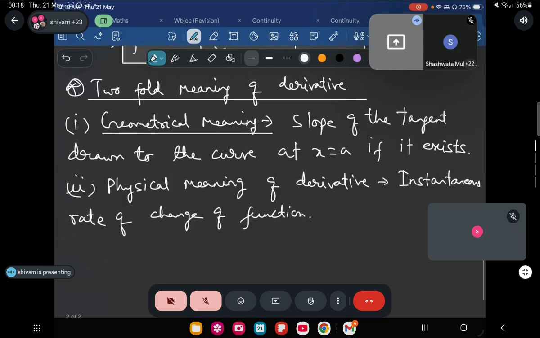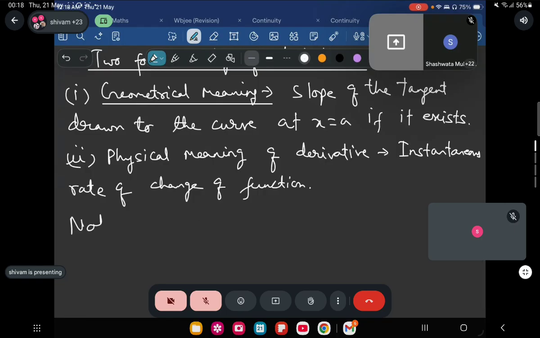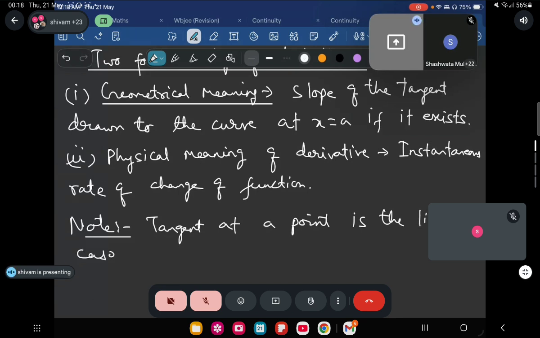Next, note: a tangent at a point is the limiting case of a secant through a.